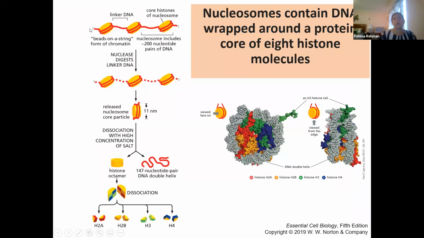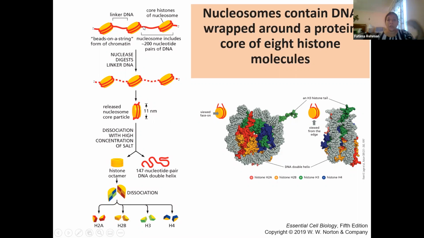If you look at it closer in this cartoon, this is what you will see. The DNA is wrapped about twice around each one of these nucleosomes that contains the histones. And then there's a linker DNA in between them, and then it continues. If you cut it in between each one of these linker DNAs, you will find that there's approximately 200 nucleotide sequences in this circle plus the linker.